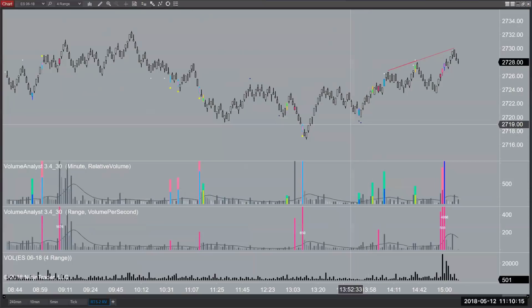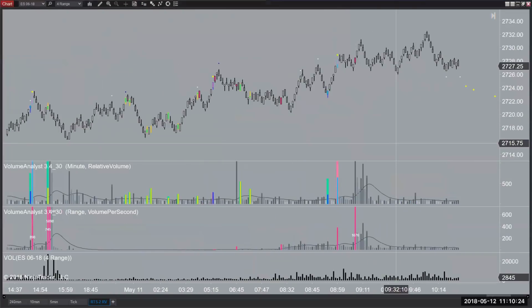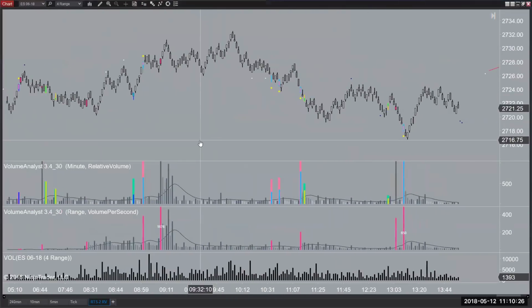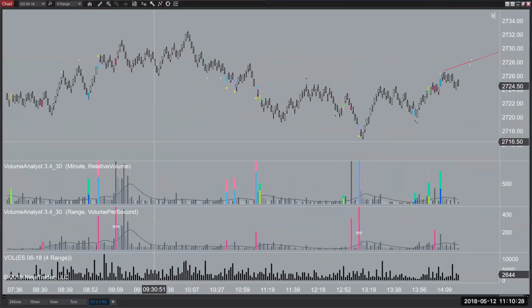For instance, a churn bar is very high volume per range. It may need a couple of tweaks here and there. But yeah, it definitely does display.